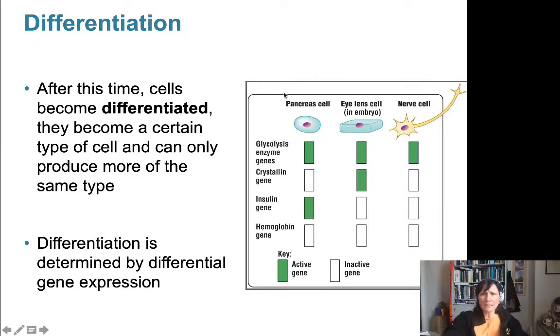And what we're trying to highlight in this figure here is to show you 3 different kinds of cells. It's possible for there to be genes that are turned on in all of those cells at some particular stage. Some are going to be on while others are going to be off. And certain kinds of genes may be completely off. It depends on what that cell is.